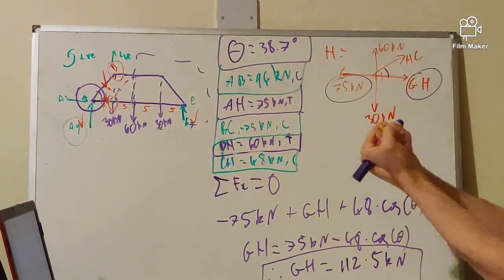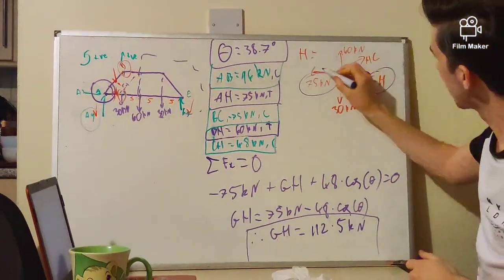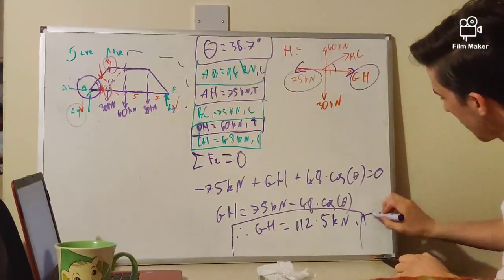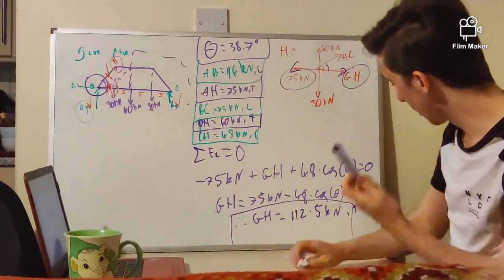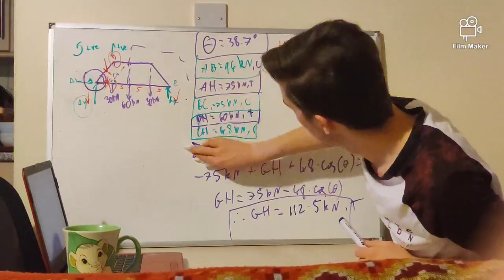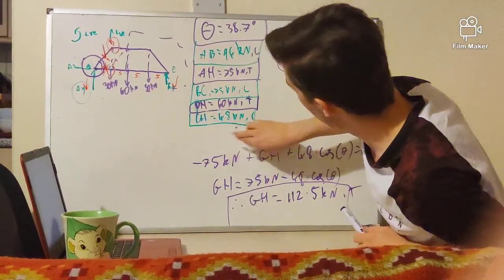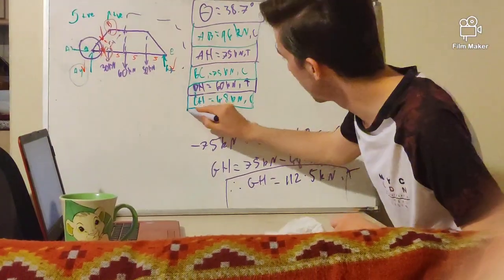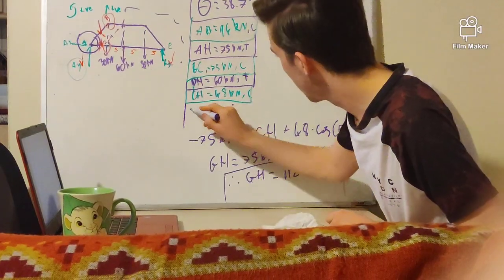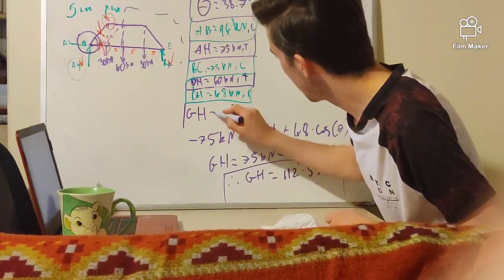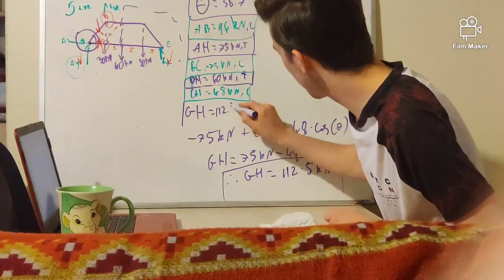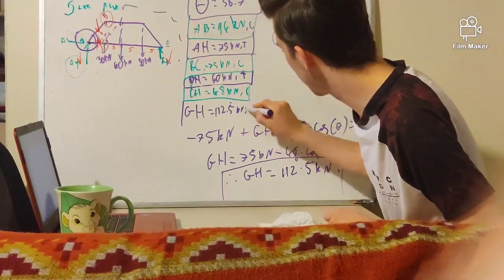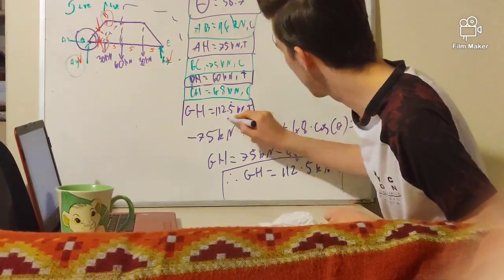So that's going to be pulled apart because I wrote it there, which means that's in tension. So luckily that is also in purple. So that's going to be in tension. So we're going to have GH equals 112.5 kilonewtons, and that's in tension.